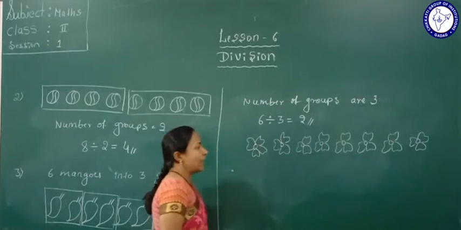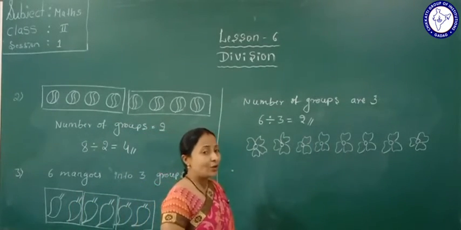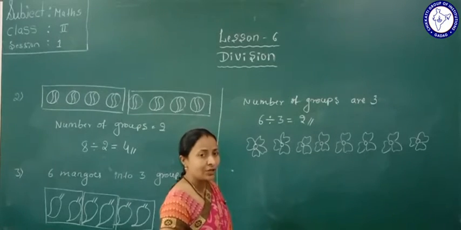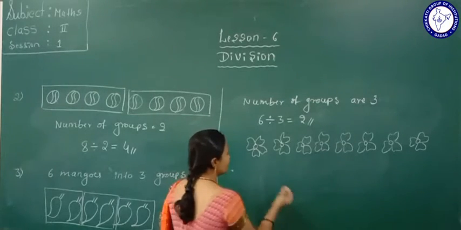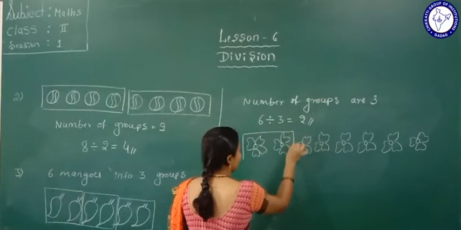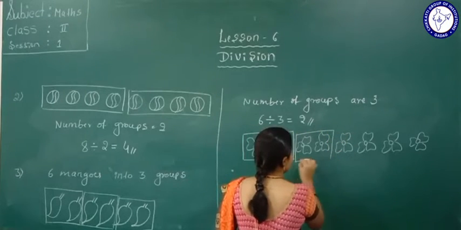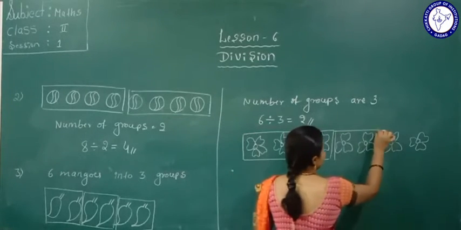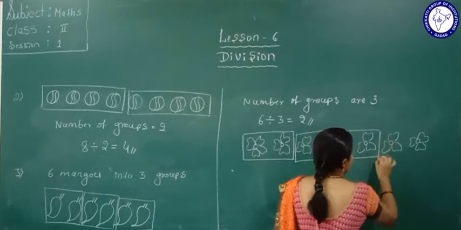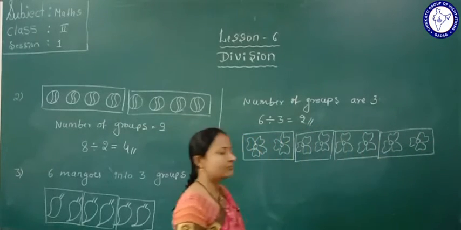In the 8 flowers, we can divide equally. How many groups? The number of groups, totally 4 groups we'll make. 1, 2, 3 and 4. It means 8 flowers we made into 4 groups.